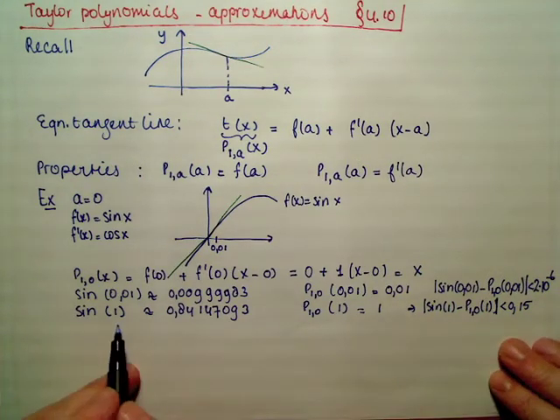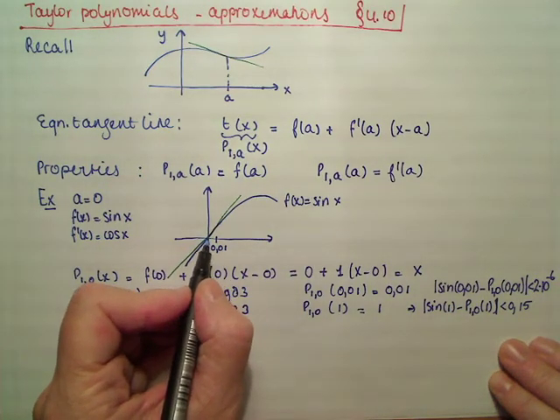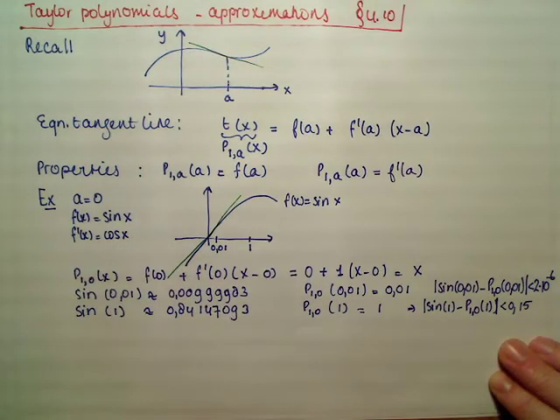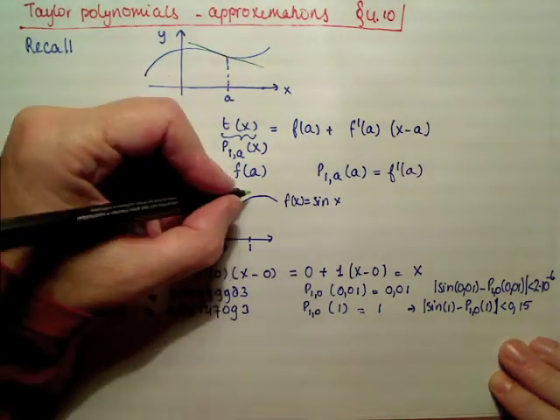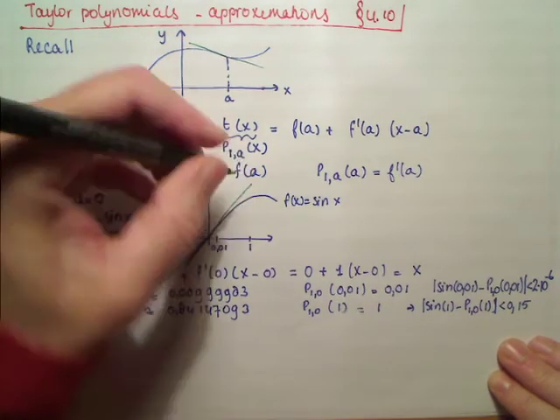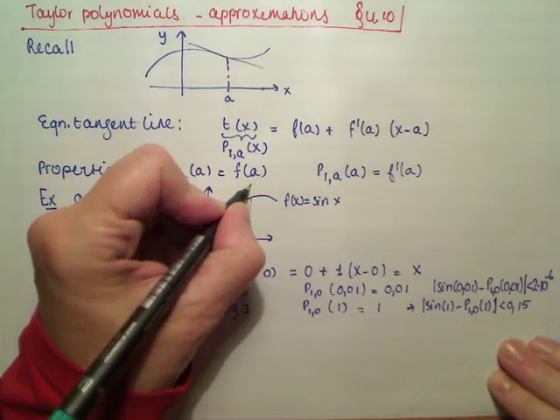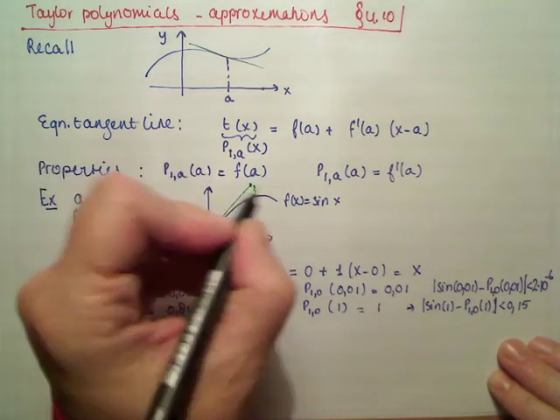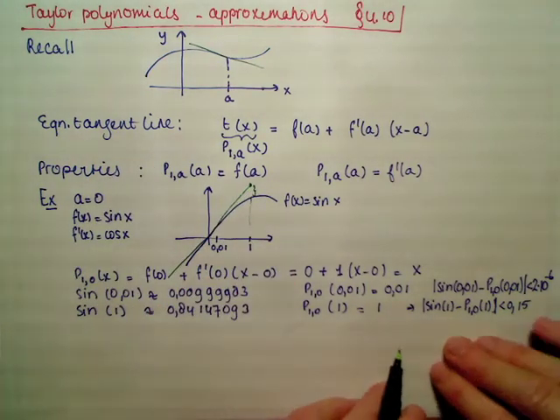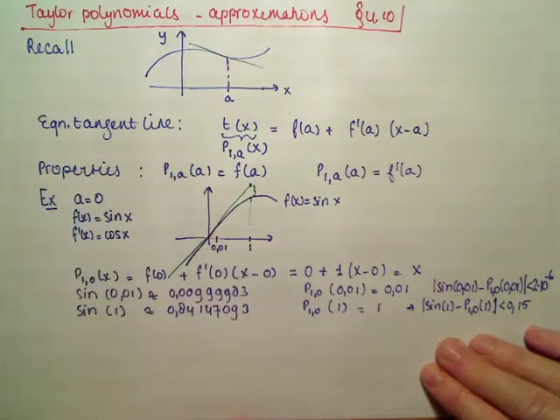So if we are farther away from the origin, from our base point A equals 0, then the difference between the first degree polynomial, this tangent line, evaluated at the point, and the function value at that point is already quite large. So it's of the order 15%. So this is a bad approximation.